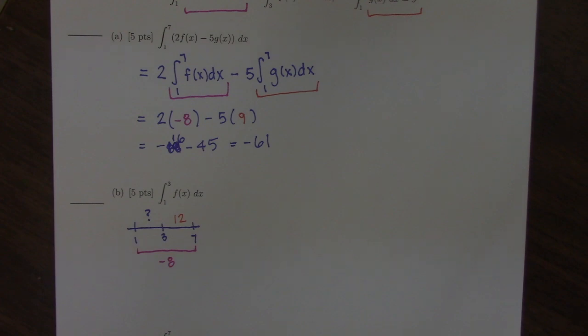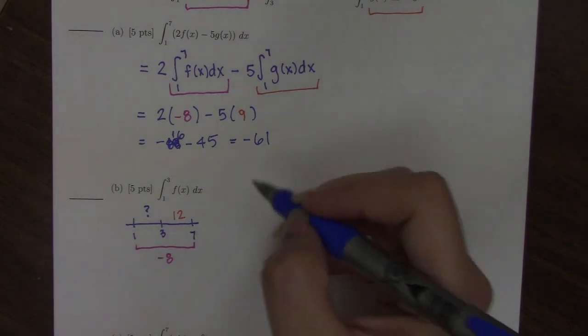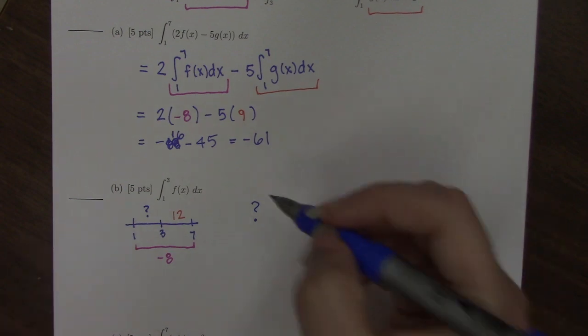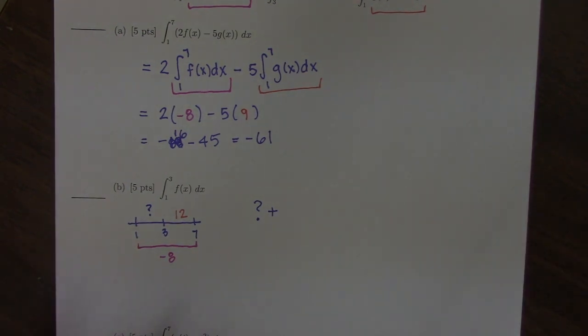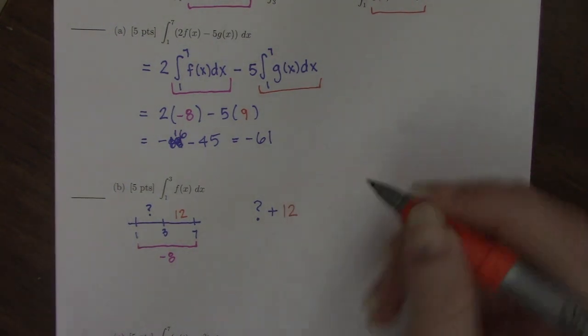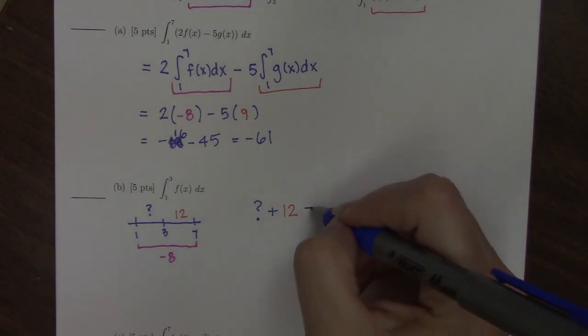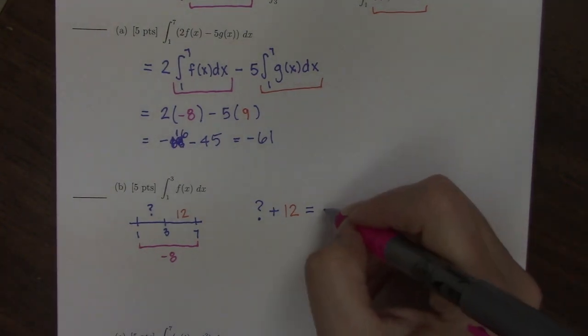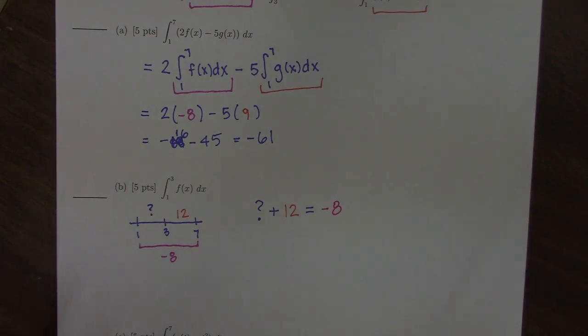So there's a couple different ways we can think about this. We know that the sum of these two integrals should equal the total. So our unknown plus 12 should equal negative 8.